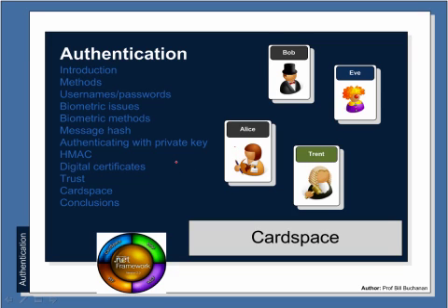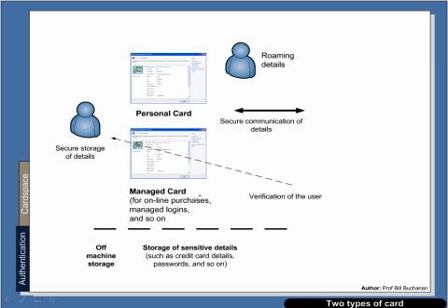This part of the presentation looks at a possible infrastructure for the future which integrates security with authentication. And one of the best modern examples of this is Microsoft CardSpace, which is part of the .NET 3 framework.